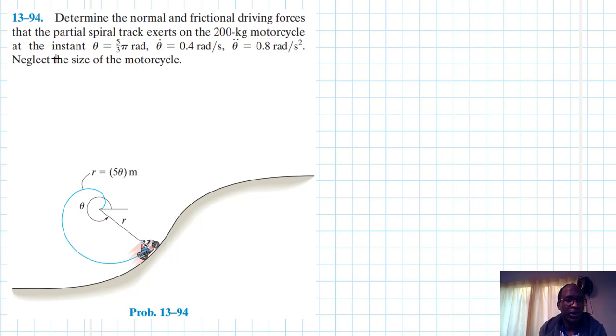Neglect the size of the motorcycle. This problem is from Engineering Mechanics Dynamics, 14th edition, by R.C. Hibbeler. So we are being asked to determine the normal force as well as the frictional driving force.